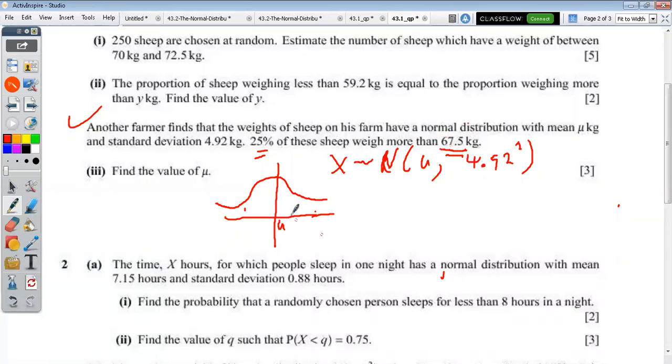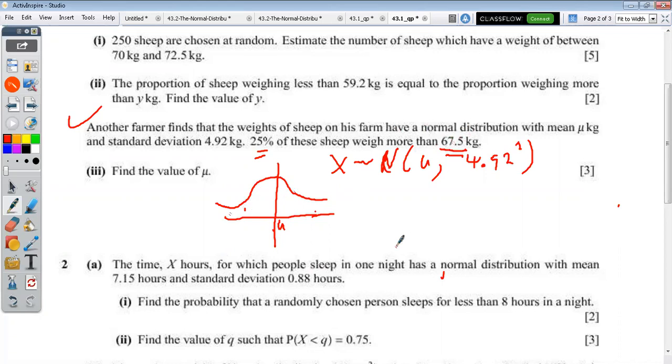Remember we said the probability is 100%. So if it's 25%, where would the 25% be? It's more than that. So is it this side or that side? Remember, this is halfway, 0.5, but I'm saying 25% being more than this, which means 75% is less than this.